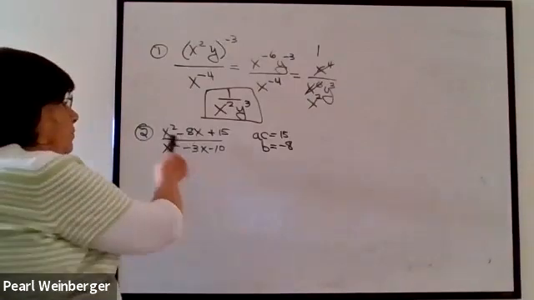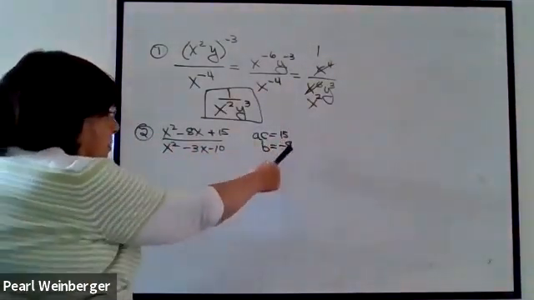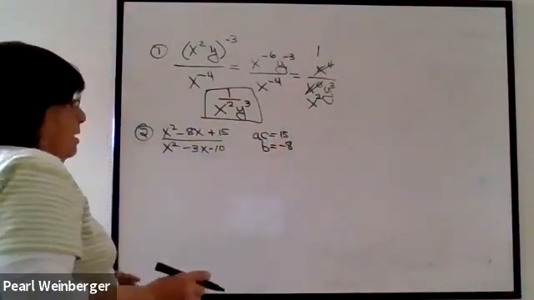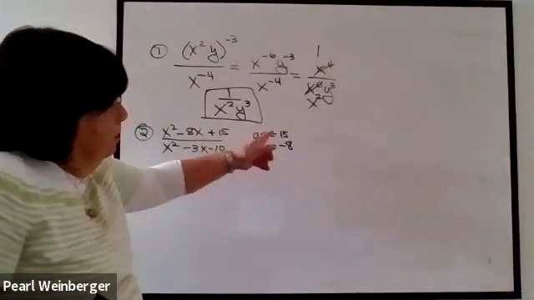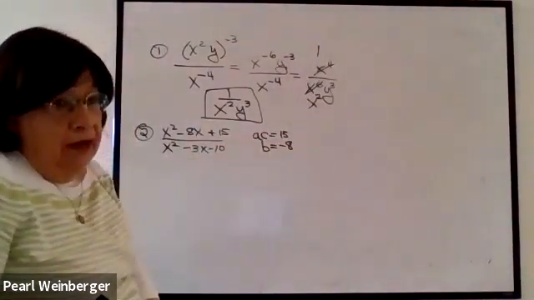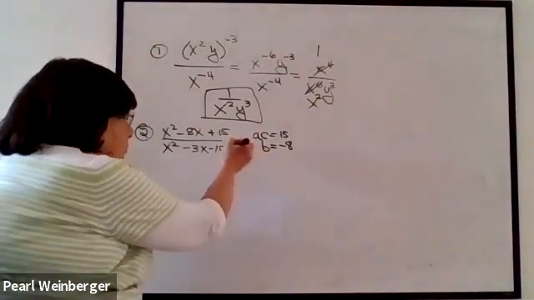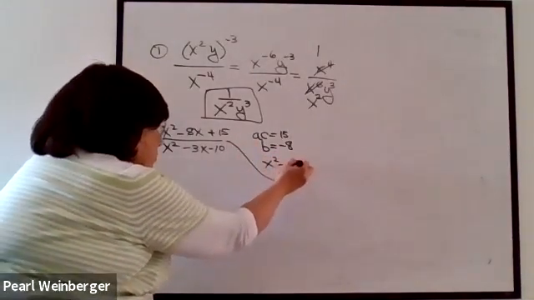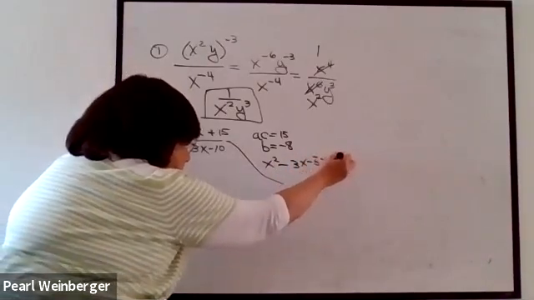So when we want to factor this, we're looking for two numbers that multiply to 15, but add to -8. Since it's multiplying to a positive number, they're either both positive or both negative, but this -8 indicates they're both negative. It's obviously -3 and -5. So I'm going to rewrite this as x squared minus 3x minus 5x plus 15.